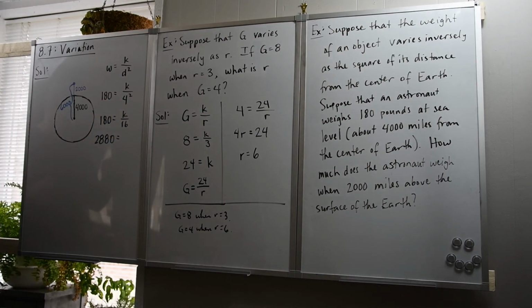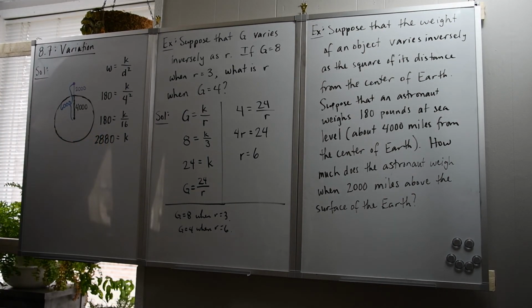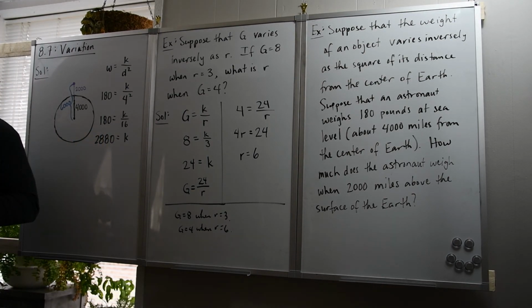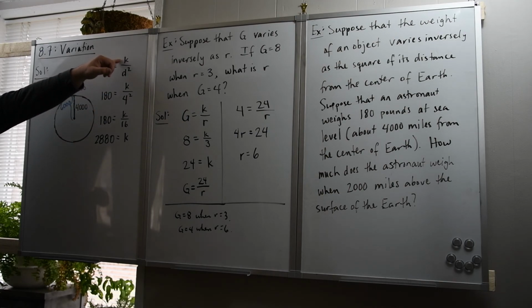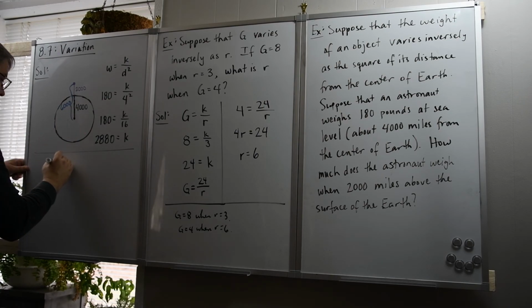And when you multiply k over 16 by 16, you get k. So our proportionality constant is 2,880, and that number is going to go up top here to give us a more specific inverse variation equation. And so I'll have W is equal to 2,880 divided by d squared.